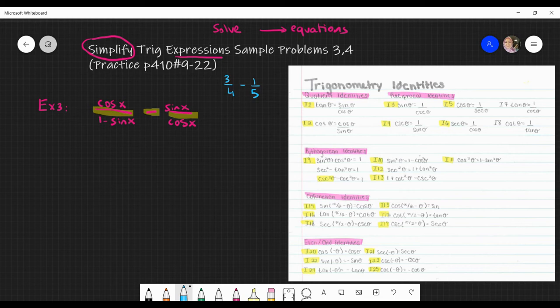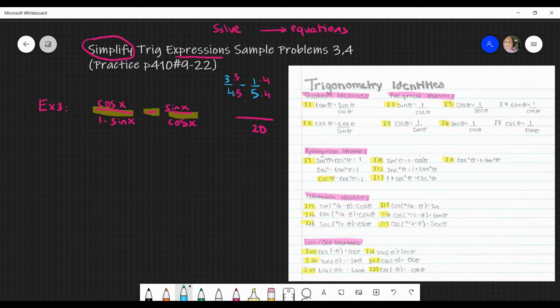What do we need to subtract fractions? We need a common denominator. I look at 4 and 5 and there's nothing in common. So I multiply 4 by 5 and I multiply 5 by 4 to get a common denominator of 20. Whatever I do on the denominator, I must do on the numerator.